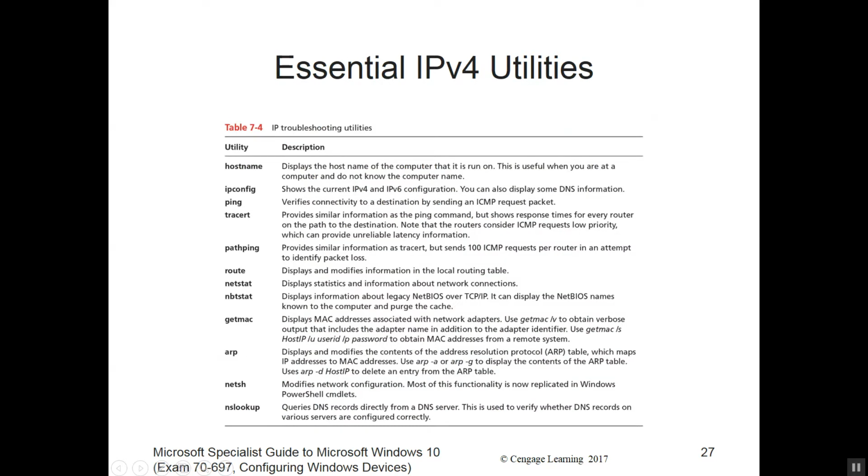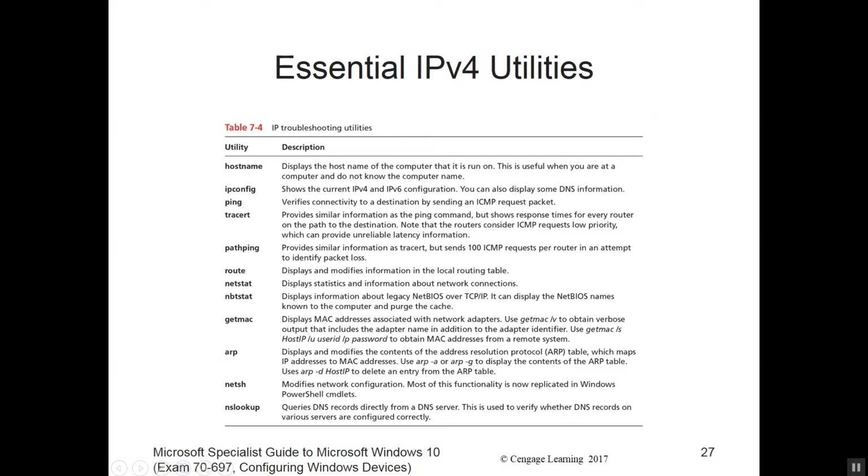So here are the IP troubleshooting utilities. How do you troubleshoot it? What's the host name? What's ipconfig? These are commands that we would run in a command prompt to find specific pieces of data. So if I started a command prompt and typed in ipconfig, it will give me the current IP version 4 and IP version 6 configuration, some of it.